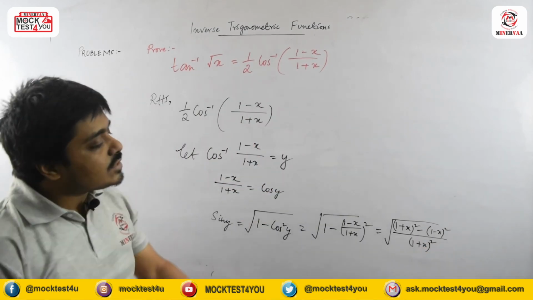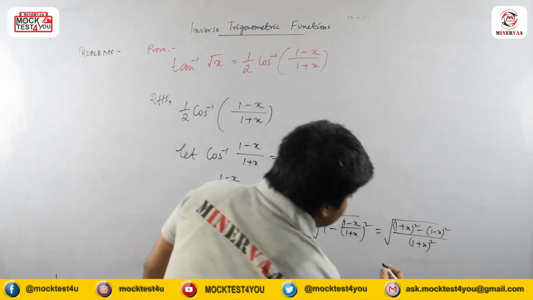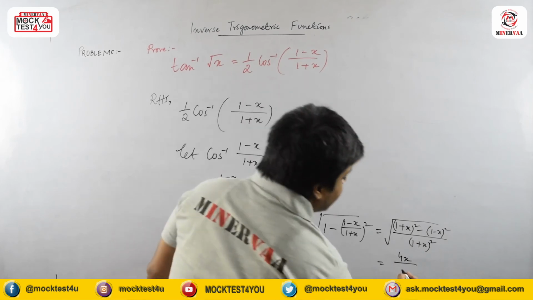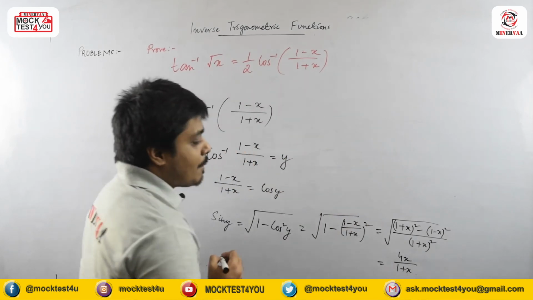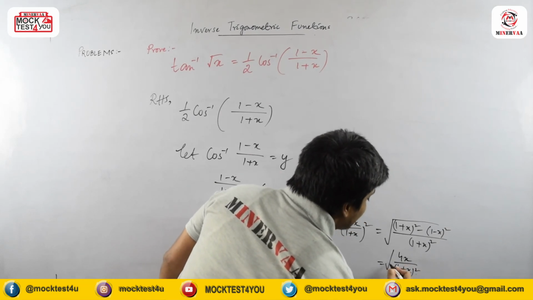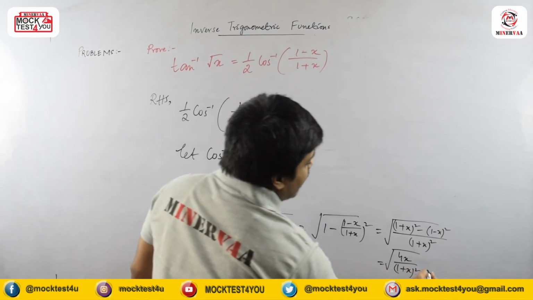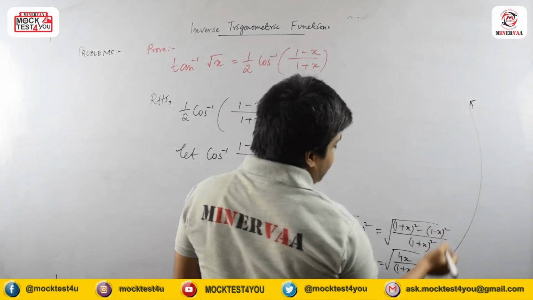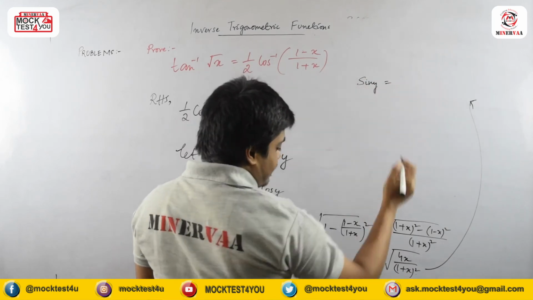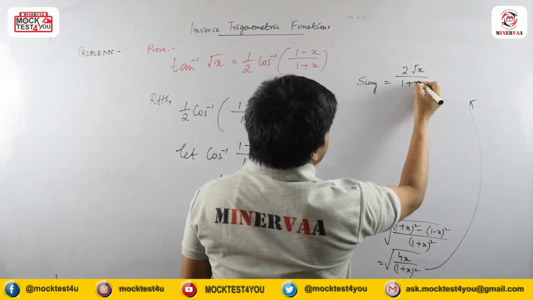So (1 plus x) whole square minus (1 minus x) whole square gives us 4x, divided by (1 plus x) whole square, and obviously there will be a big square root in there. So sine y is equal to 2 root x divided by 1 plus x.